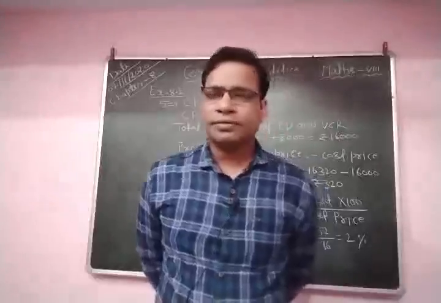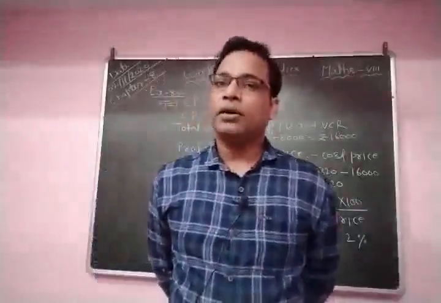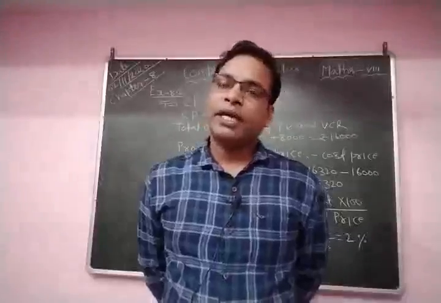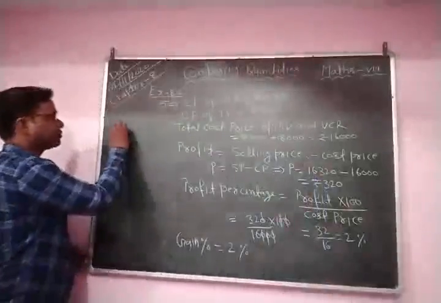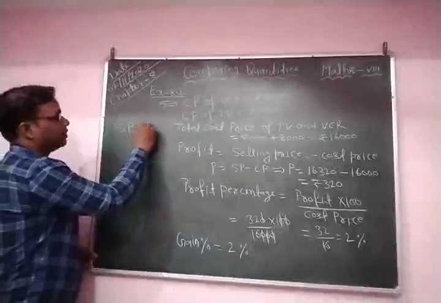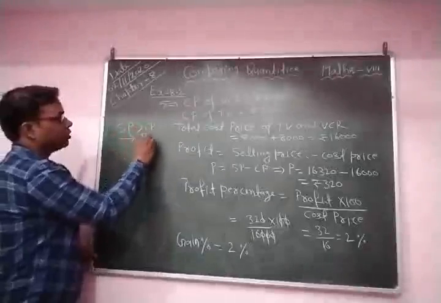How can you decide whether the whole transactions have loss or profit? Okay, so this depends on SP and CP. If SP is greater than CP, so in whole transactions you have profit.